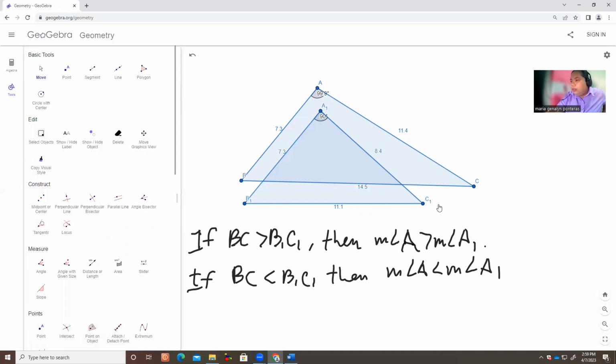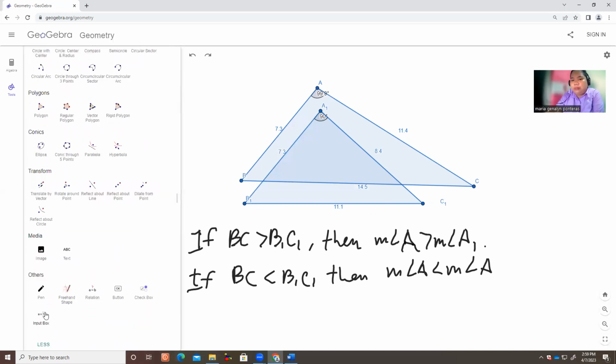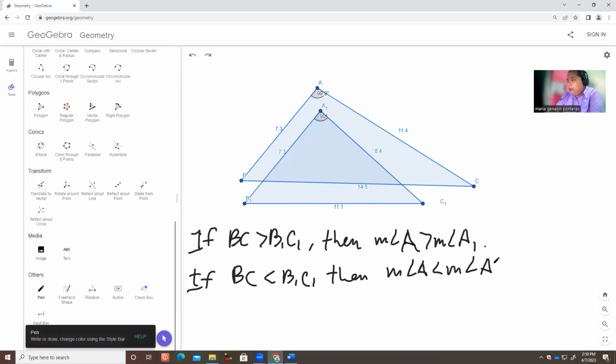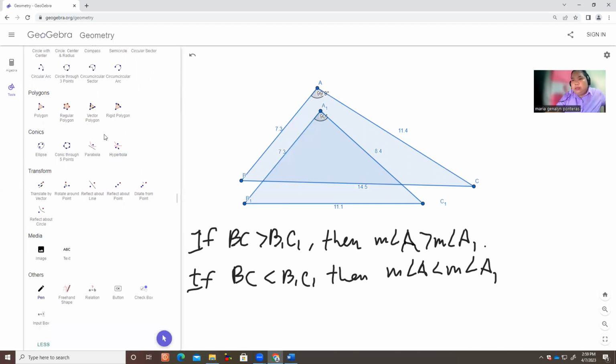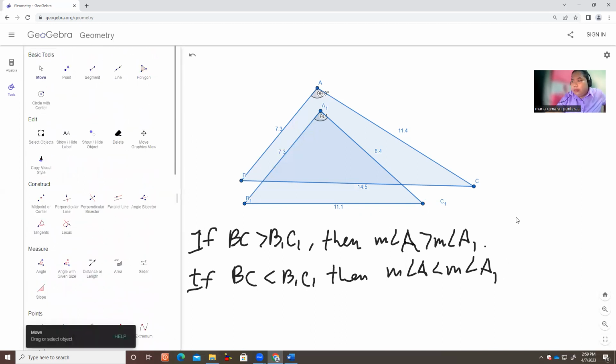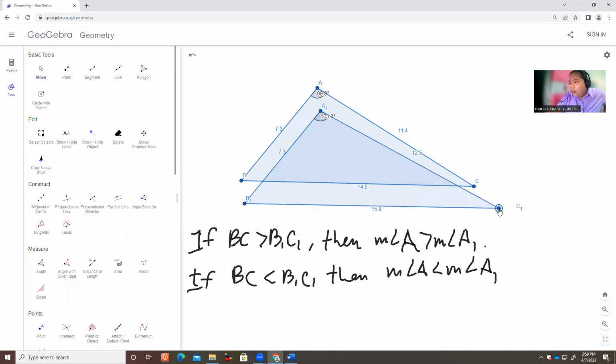Ayan. So, gagawin natin lesser, mas mababa. Dito, gawin natin 16.